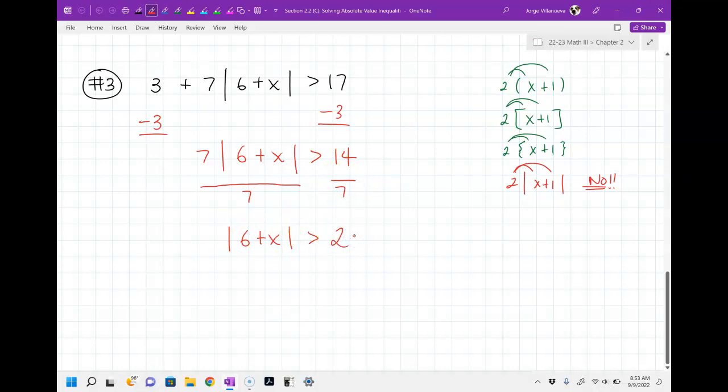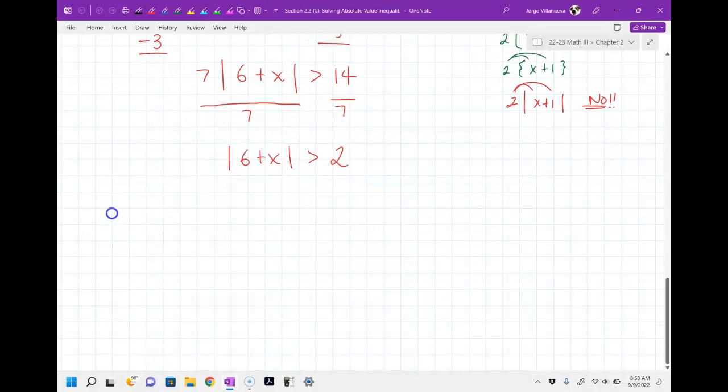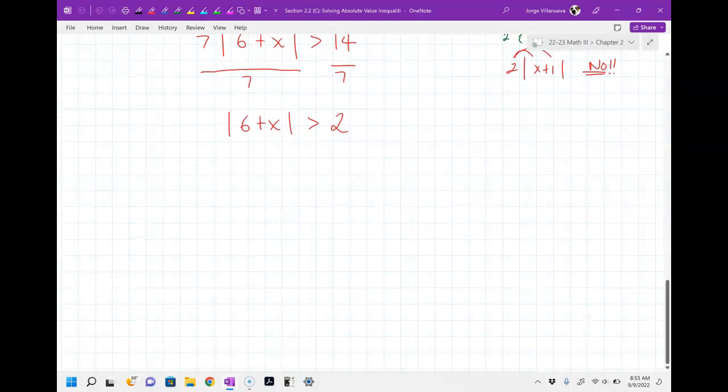Now, notice how my problem is now solved for the absolute value. Now I can make a call. So is this an and or an or problem? Yeah, it is or. It is an or problem because it's pointing to the right. So that means my graph should be going in opposite directions, but maybe they go towards each other, but hopefully opposite directions.